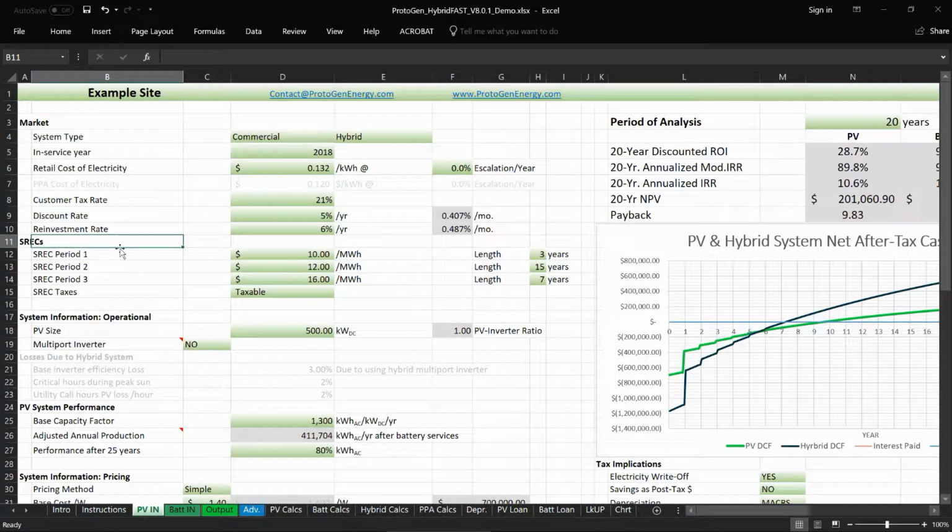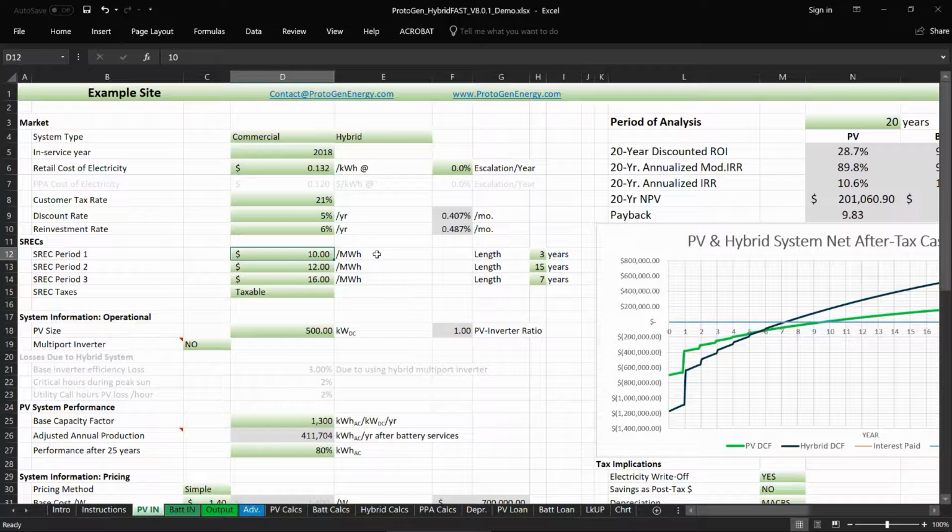SREX. This section is obviously PV specific because it's a solar renewable energy credit. This is a performance-based incentive that is calculated in dollars per megawatt hour of energy generated by the PV system.